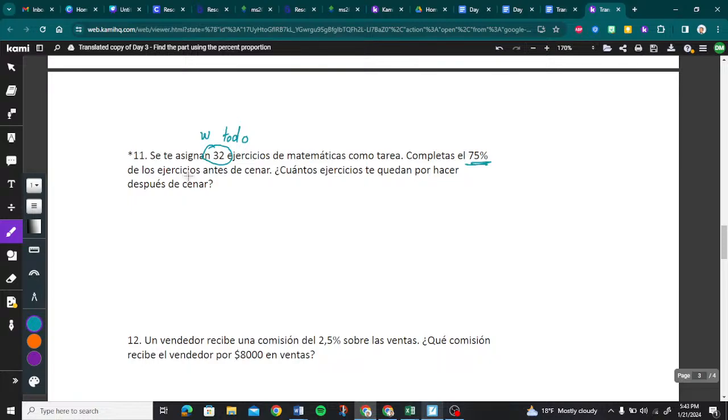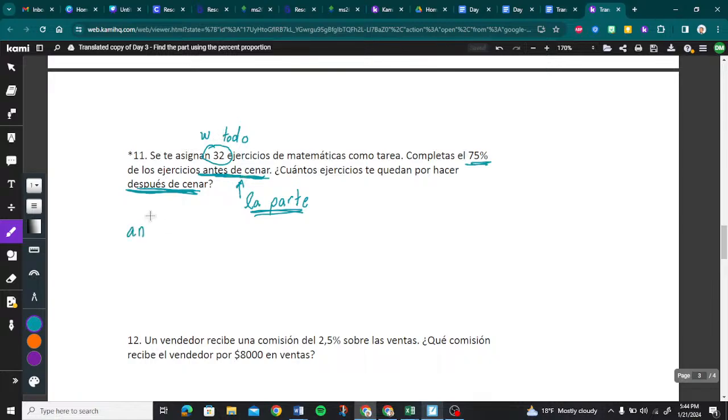So this is la part, but it's the part that's before dinner, whereas we want to make sure that we also find how many we complete after dinner. So we're going to find before dinner and then after dinner.